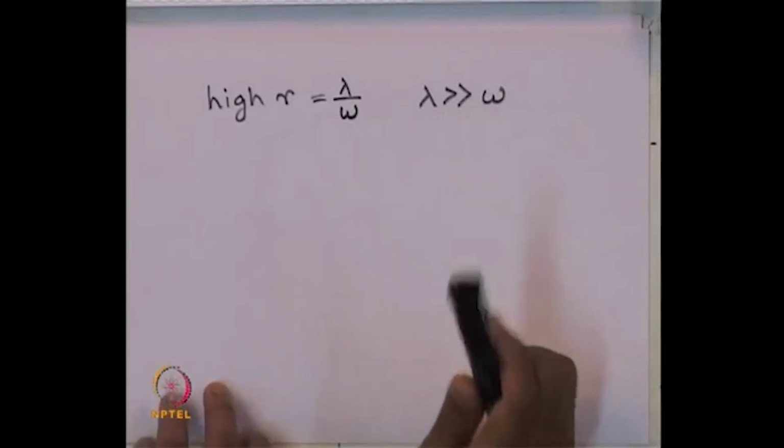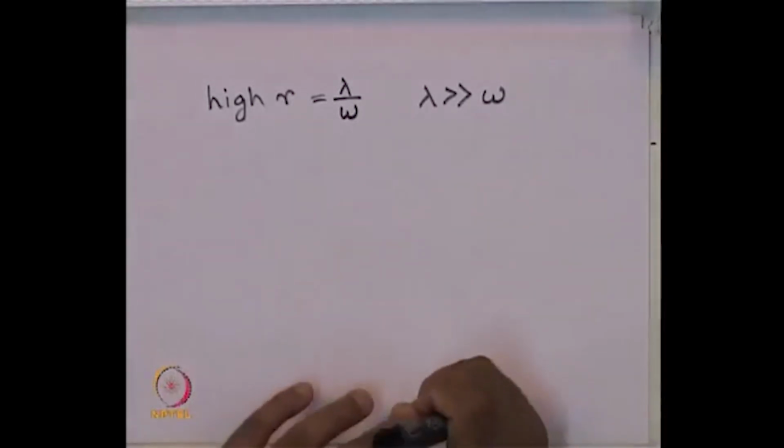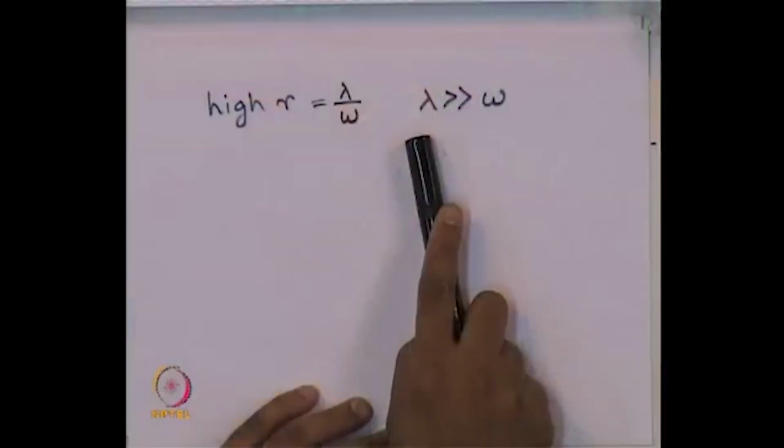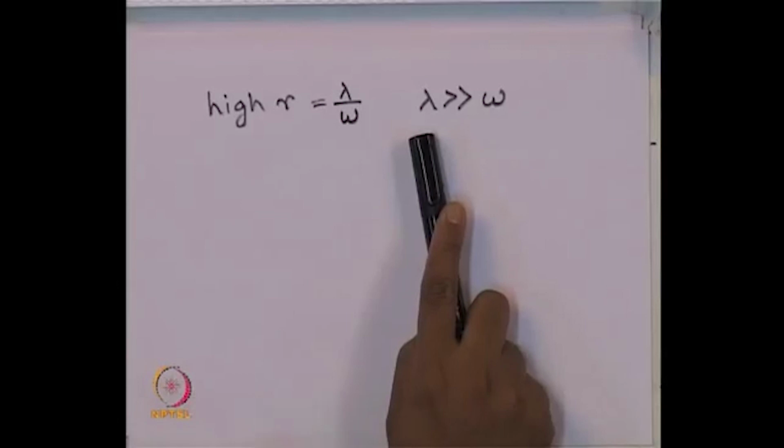As a civil engineering designer, when we are going to design a machine foundation, we hardly have any control on this lambda, because it is given by the machine producer or the manufacturer of the machine. They give us the input parameter, that is, at which frequency the machine will operate.